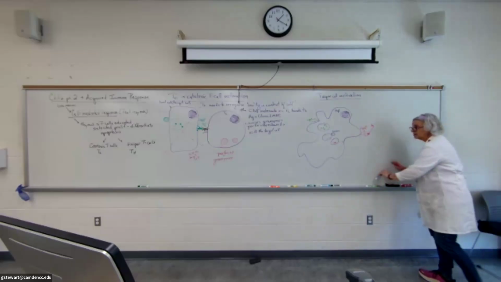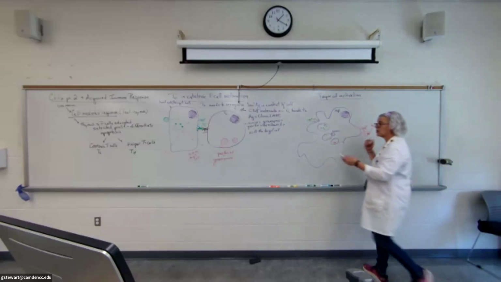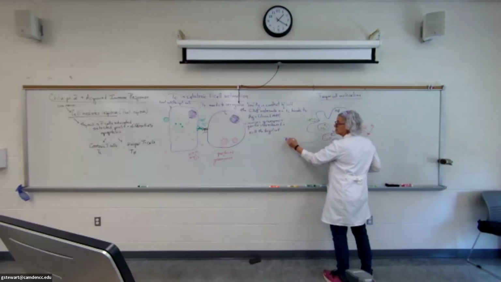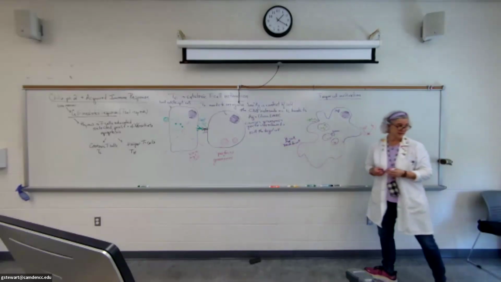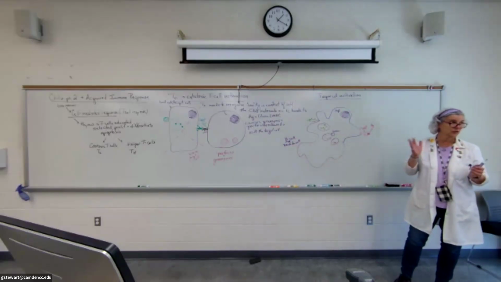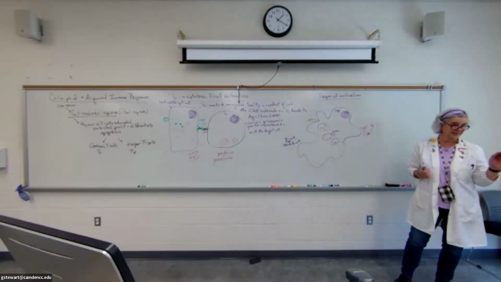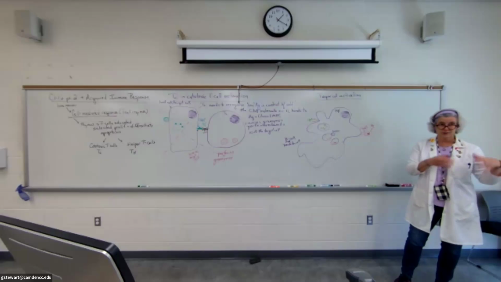This cell, this macrophage, can also be a B cell, or it can be a dendritic cell. Not usually a monocyte, not usually a neutrophil. Those are technically more involved in phagocytosis and then they die.